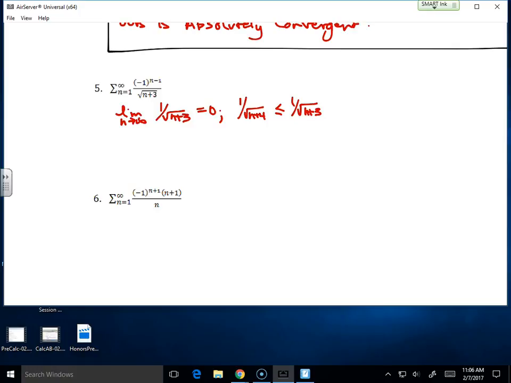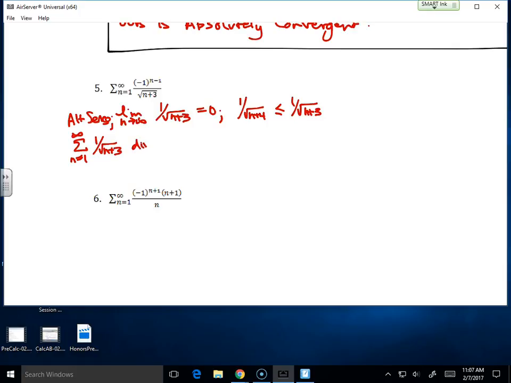And what did you guys do in order to show that it was not absolutely convergent? I did the integral test. Yeah, I did an integral test. It wasn't that bad. Just make it to the negative 1/2 power and use u-substitution, and life becomes easier.